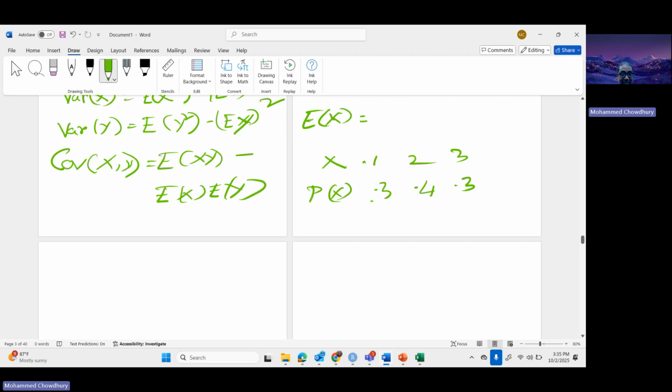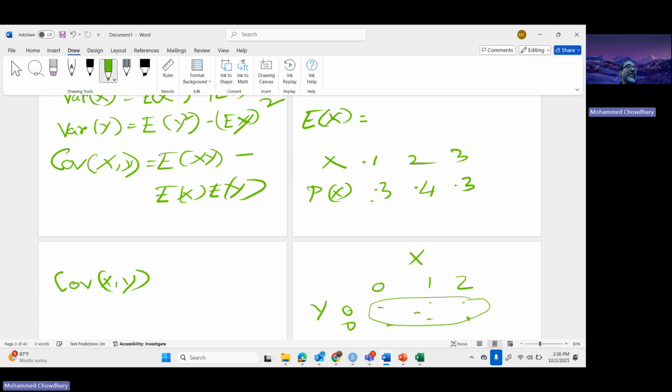Similarly, in order to find the covariance, you need to have a joint distribution of x and y. Here 0, 1, 2, here 0, 1. In that case, the probabilities or frequency will be given from this probability.